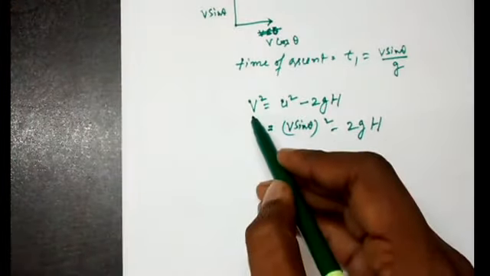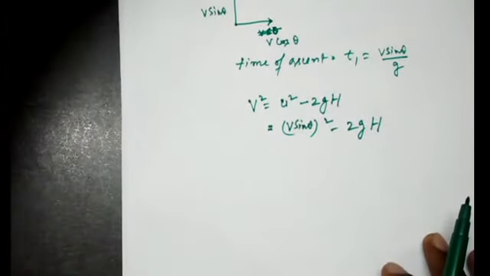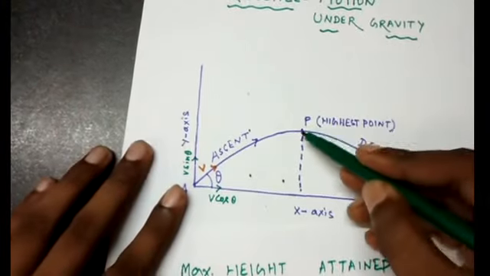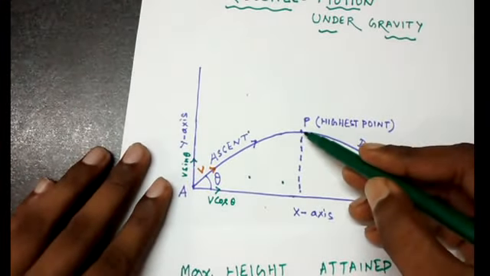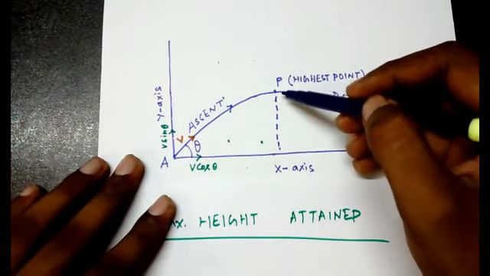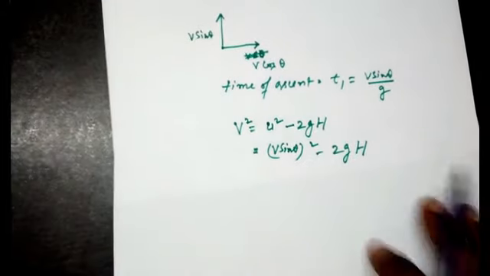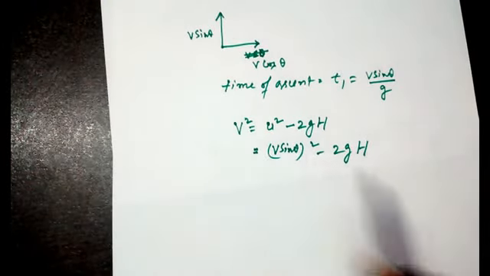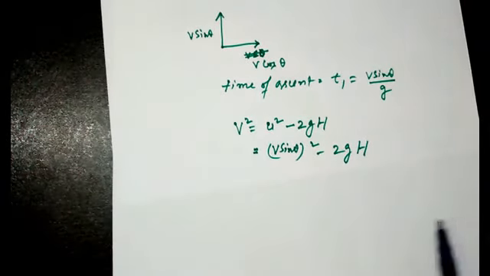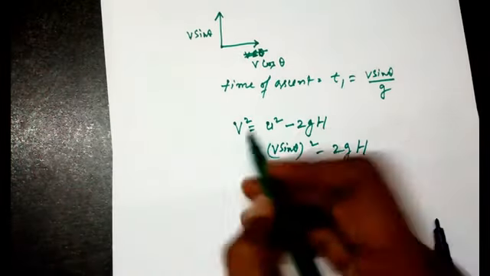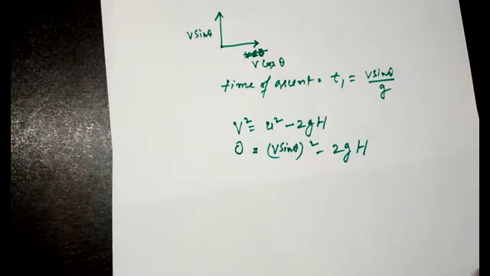Now the final velocity at the highest point P: there is no velocity component in upward motion at the highest point. So in the expression, the final velocity will be equal to 0.